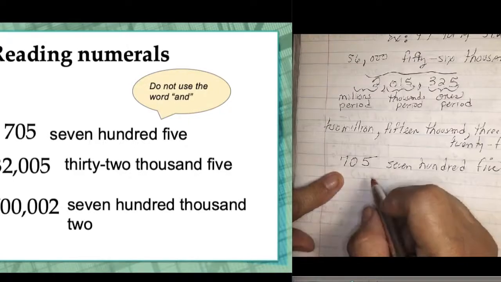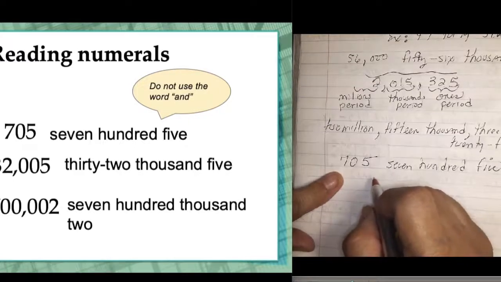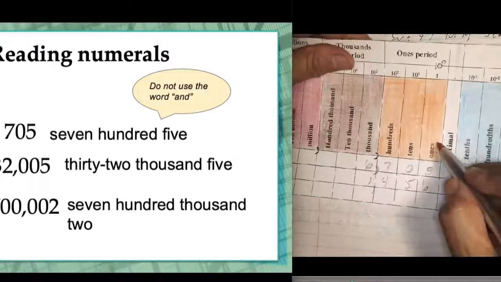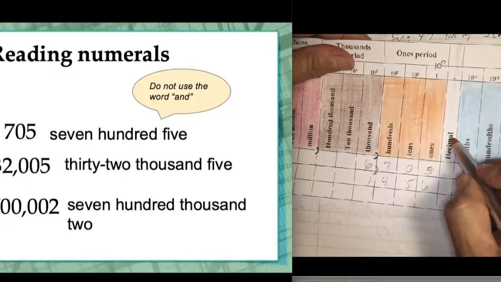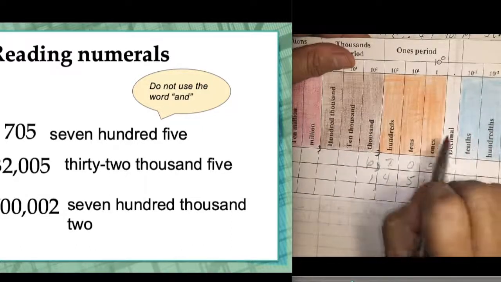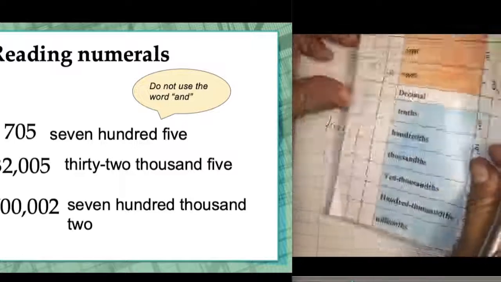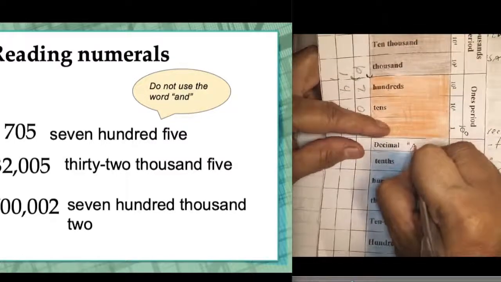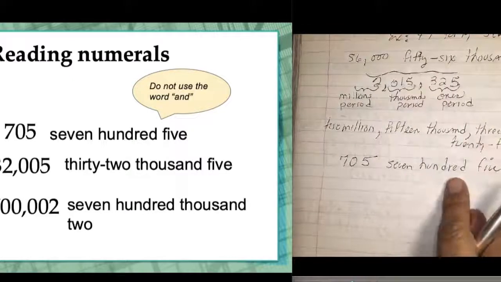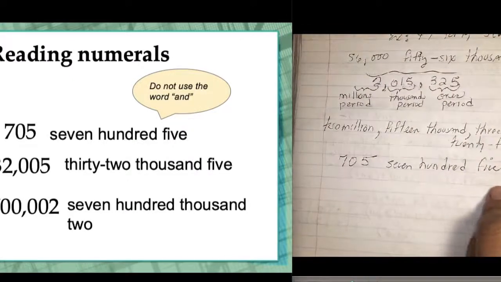You ever hear people say that? There is no word and. And will come later when we do the decimal. The decimal point is my and. If I have 3 and 4/10, the decimal is my and. We do not use it any other time. So this is 705 without the and.